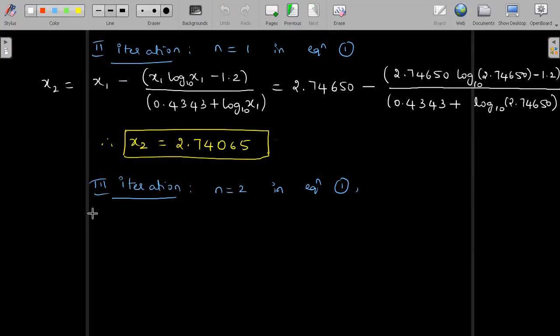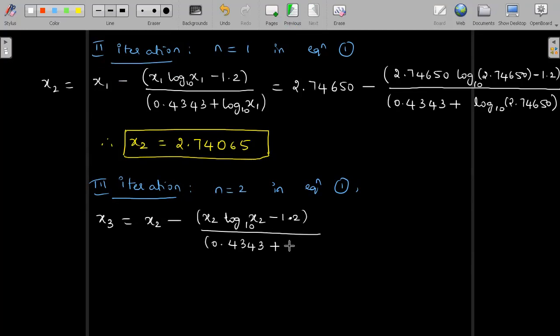So x3 is equal to x2 minus x2 into log of x2 to the base 10 minus 1.2, divided by 0.4343 plus log x2 to the base 10. So substitute the value of x2 as 2.74065. The substitution step I will leave to you.